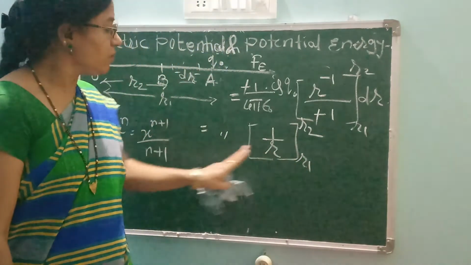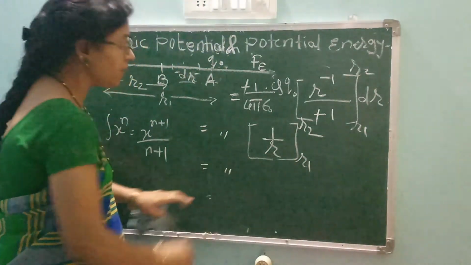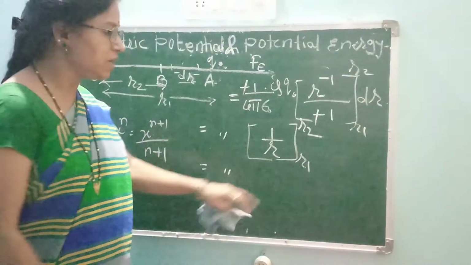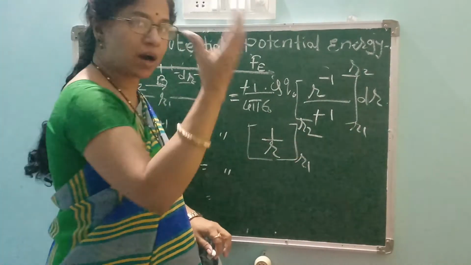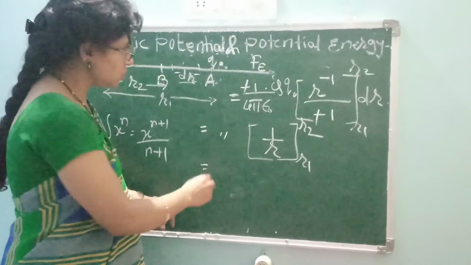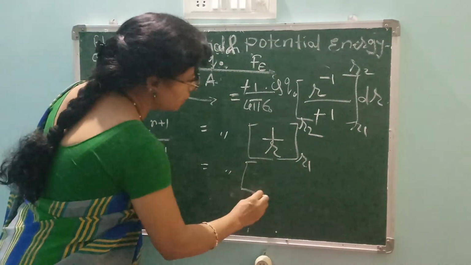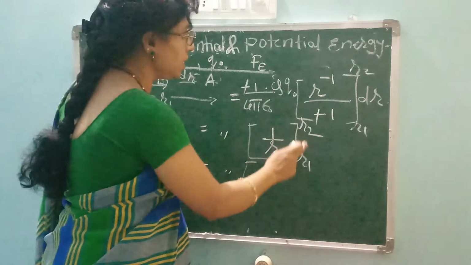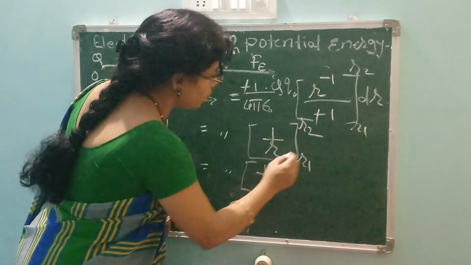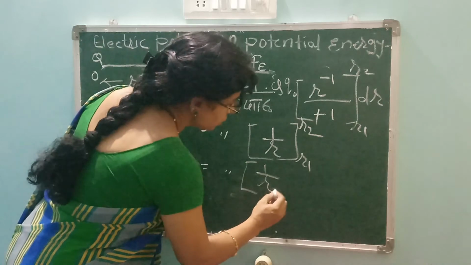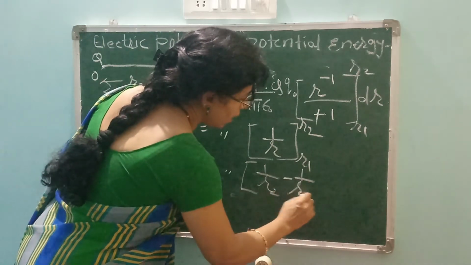Okay, now here we have to apply the limits. अब हमको यहाँ पे लिमिट अप्लाई करना है. Now for that limit first of all we will apply the upper limit and then lower limit. So we have seen up till that. Now here this is the constant term, and if we apply the upper limit and lower limit it will be 1/r2 minus 1/r1.